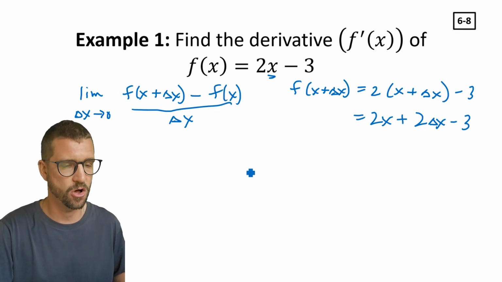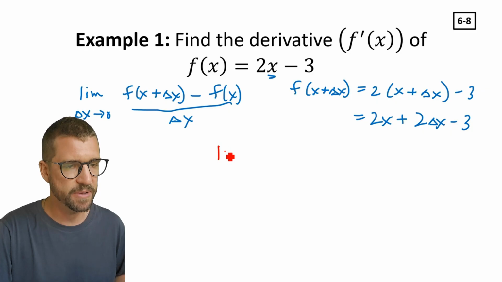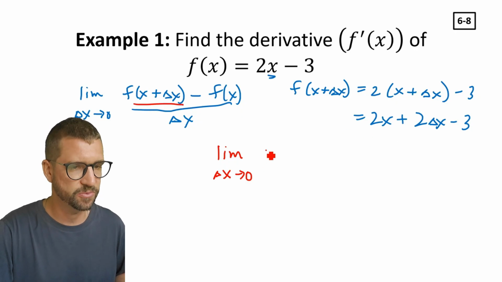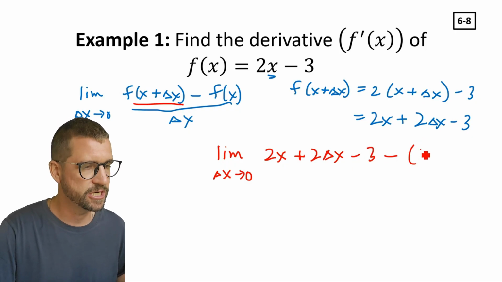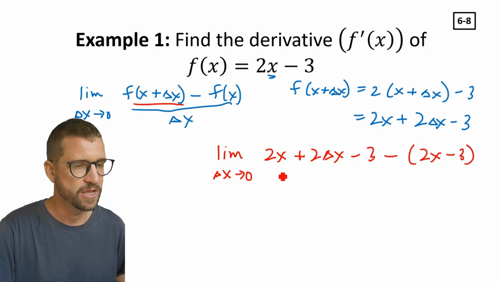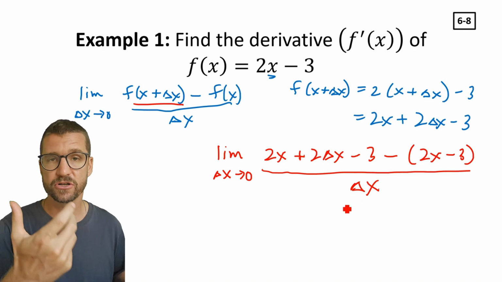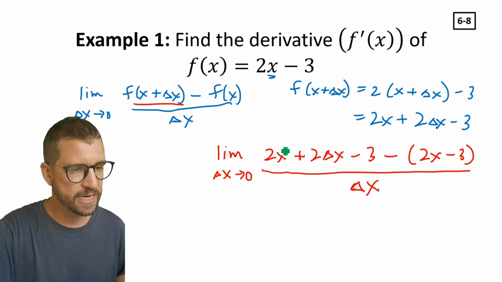So let me write this all now, and I'll change colors here so we keep it straight. So now we're going to take the limit as delta x approaches 0 of f of x plus delta x, which is 2x plus 2 delta x minus 3, minus f of x, which is 2x minus 3, divided by delta x. All right, so what's going to happen is a lot of things are going to cross out here. So first of all, this is positive 2x.